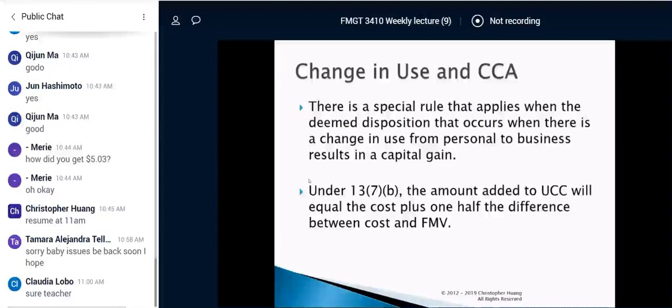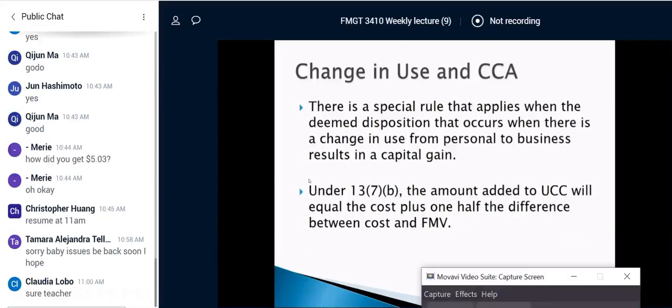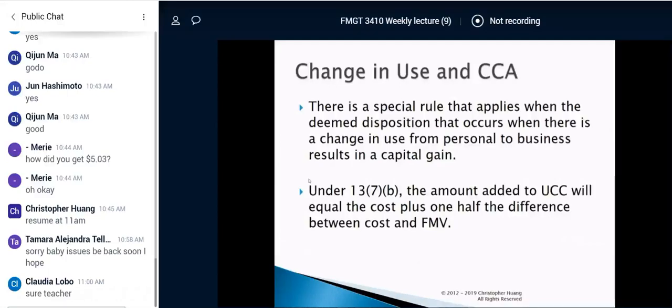And what I want to specifically talk about when it comes to change in use is, first off, to say a change in use was one of those events where there's a deemed disposal.